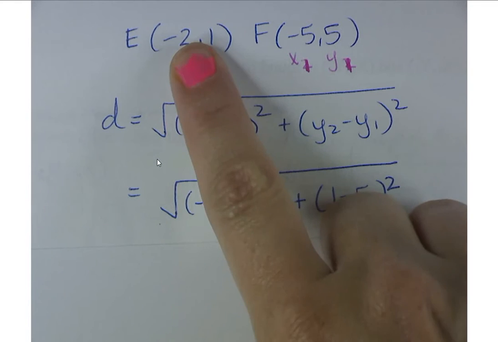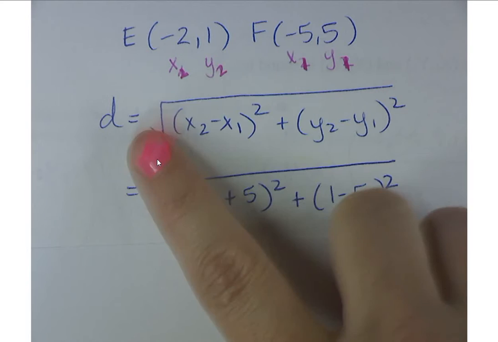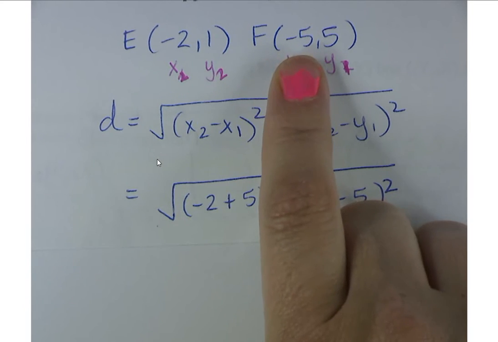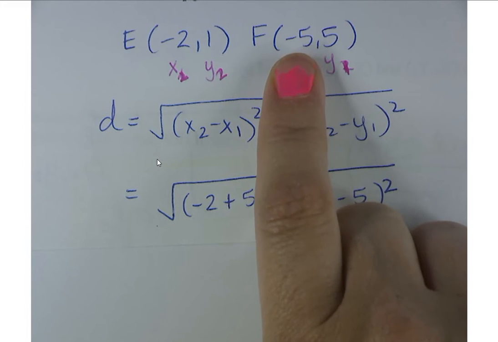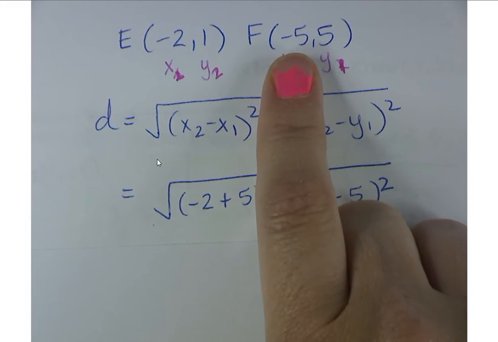So x2 I have is -2, x1 I have is -5. When I'm subtracting a negative, when you have minus a negative, Chloe, what happens there? Just when you minus a negative in general. So if I do minus -5, what happens?